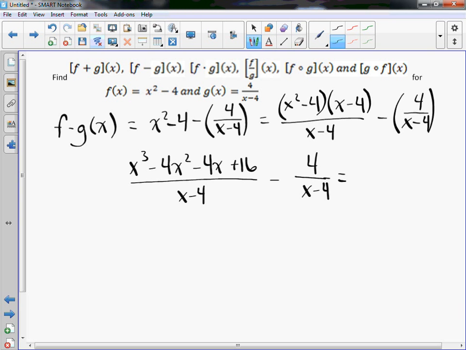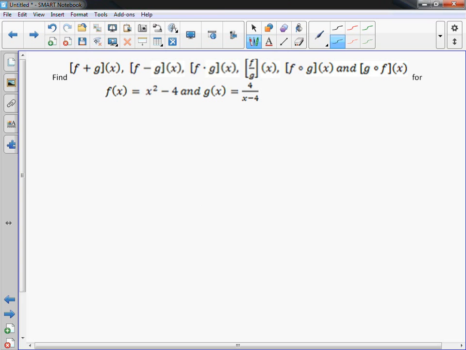And now the difference this time is that it's not 16 plus 4, it's 16 minus 4. So we have x cubed minus 4x squared minus 4x plus 12 over x minus 4. Subtraction of f and g.